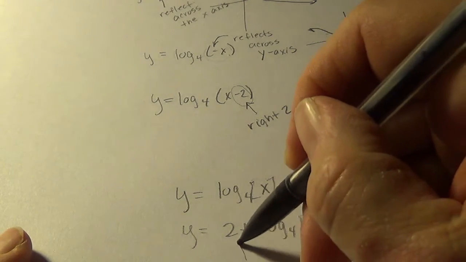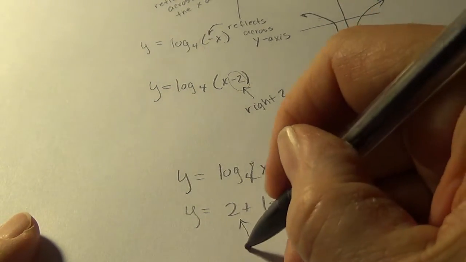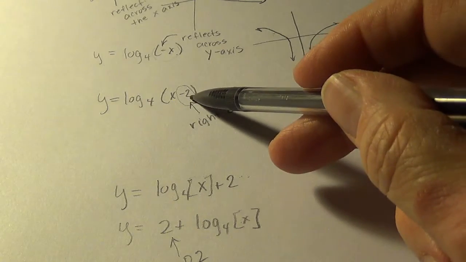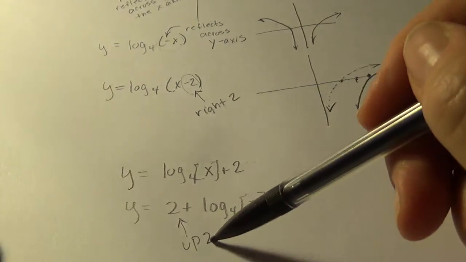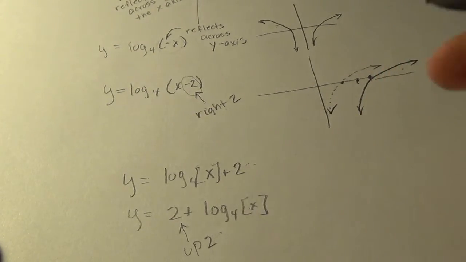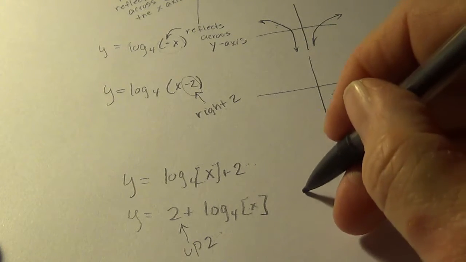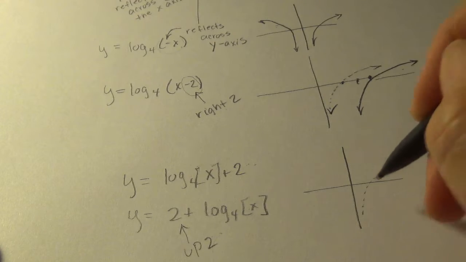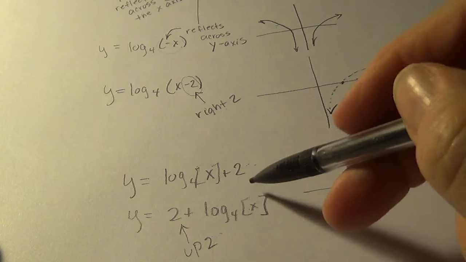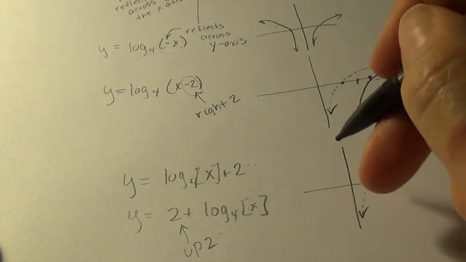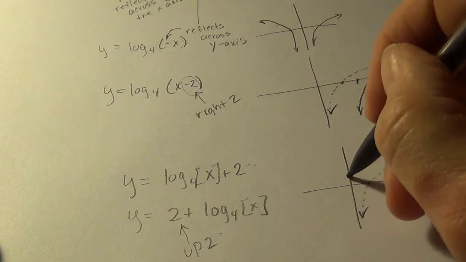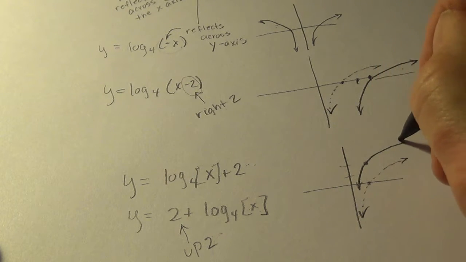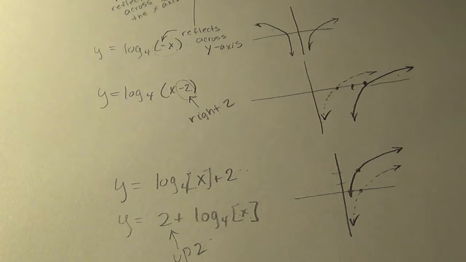So this acts like you would think it does. This is an up 2. So again, up here, if it was a plus 2, it would be to the left. And if it was a minus 2 here, it would be a down. So take the original graph and just move it up 2. I usually take the crossing points and move them, and then just draw the shape around that crossing point.